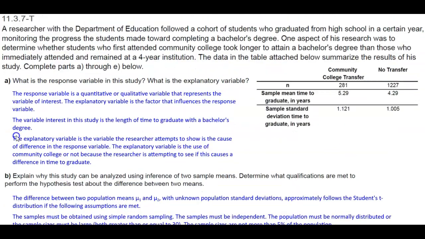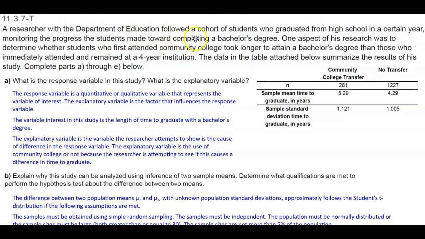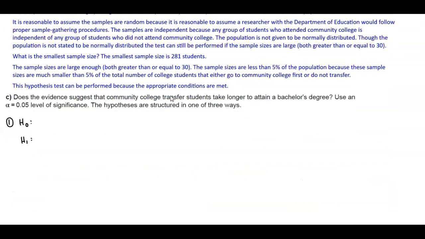Okay, so what is the claim? Well, it's saying here that a researcher in the Department of Education followed a cohort of students in high school during a certain year, and that one aspect of his research was to determine whether students who first attended community college took longer to obtain a bachelor's degree than those who immediately attended and remained at a four-year institution. Longer means greater than.